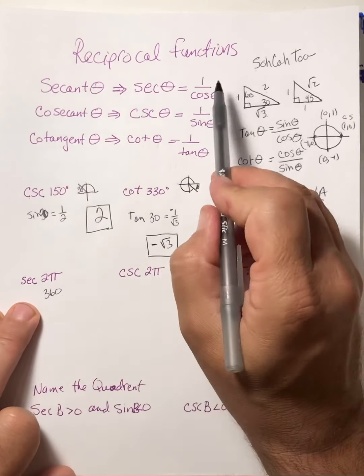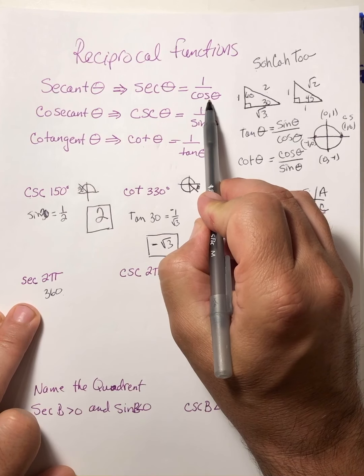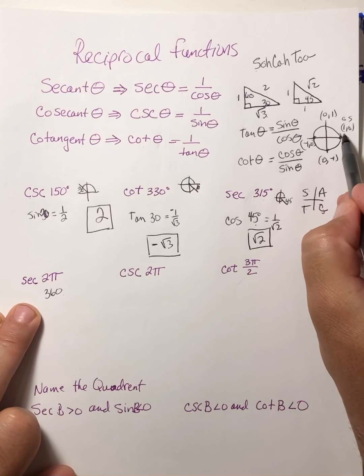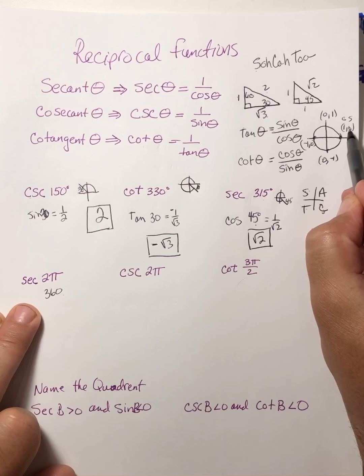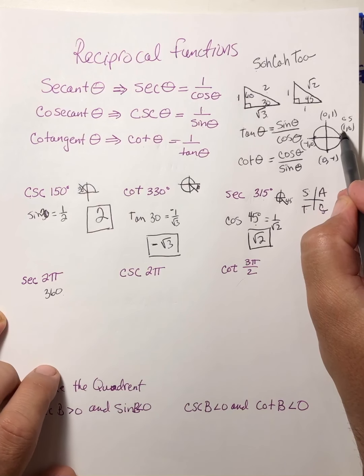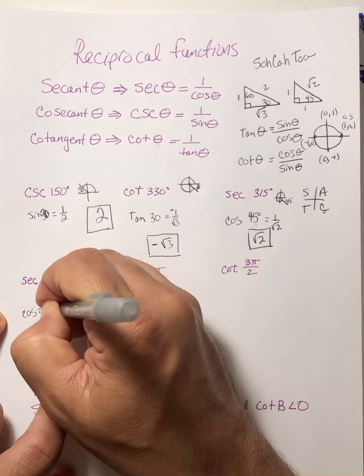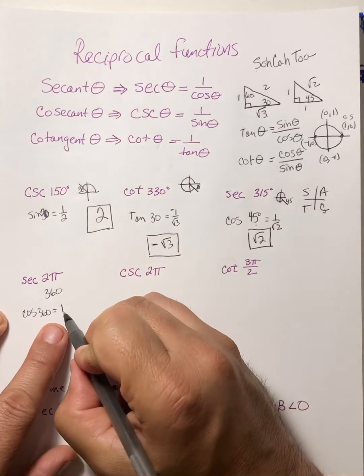Secant is 1 over cosine. Remember, cosines are the X's, sines are the Y's. So we're looking at the cosine of 360, which is 1, and now I have to do the reciprocal of 1. Well, 1. Done.